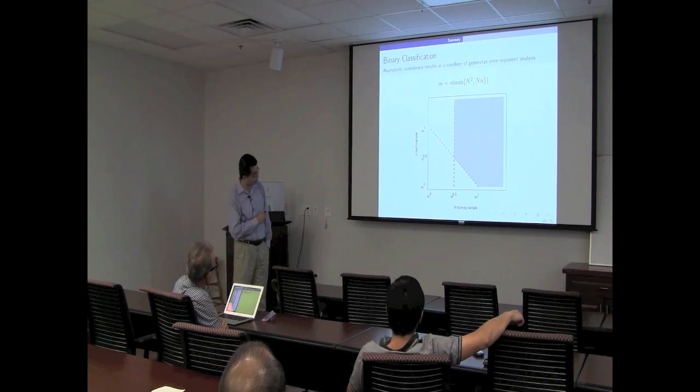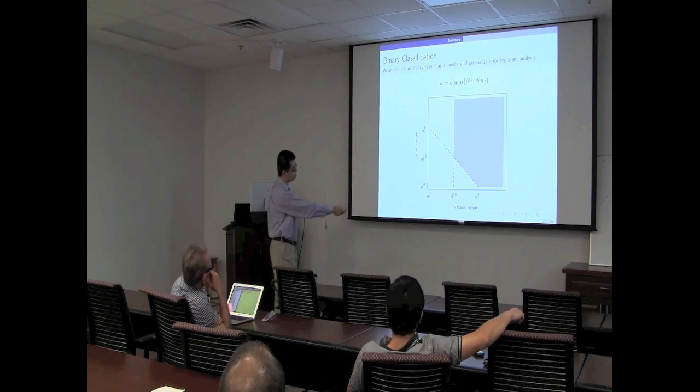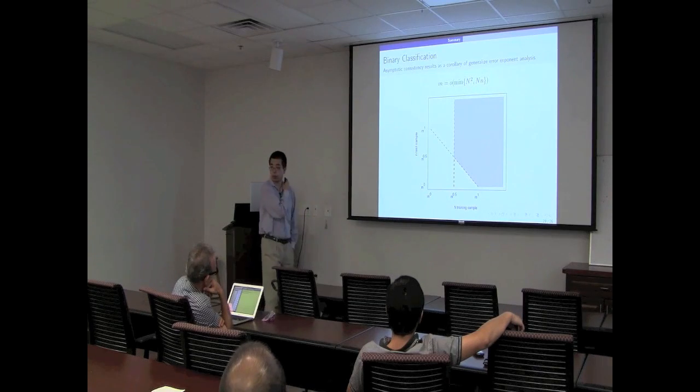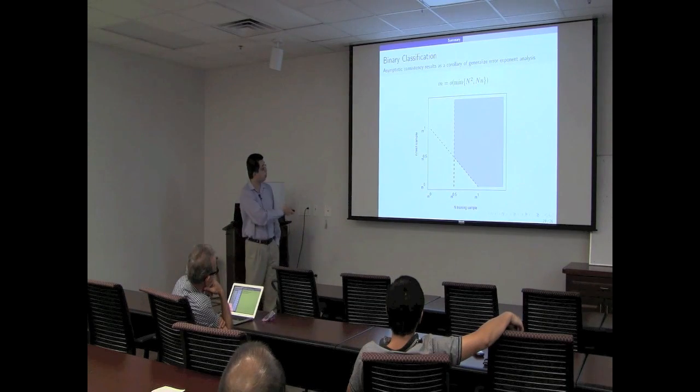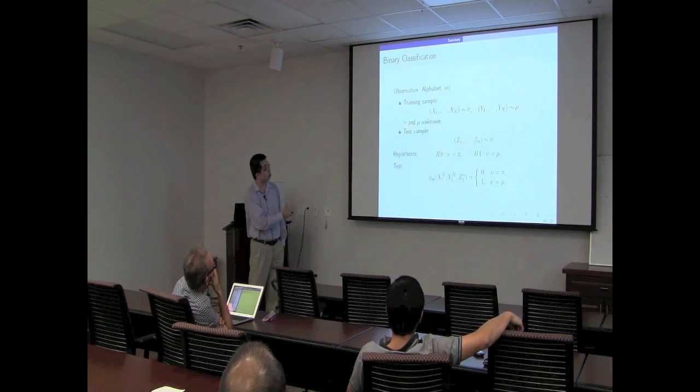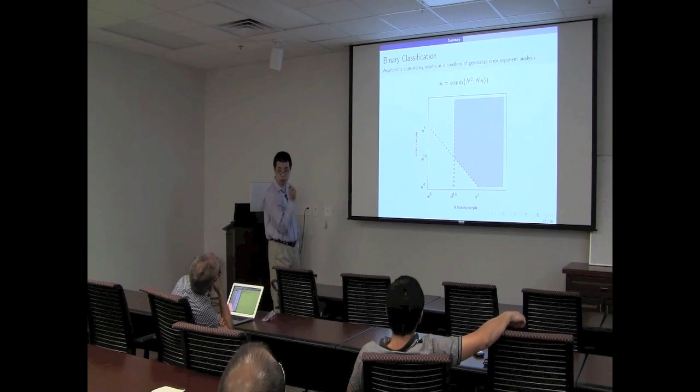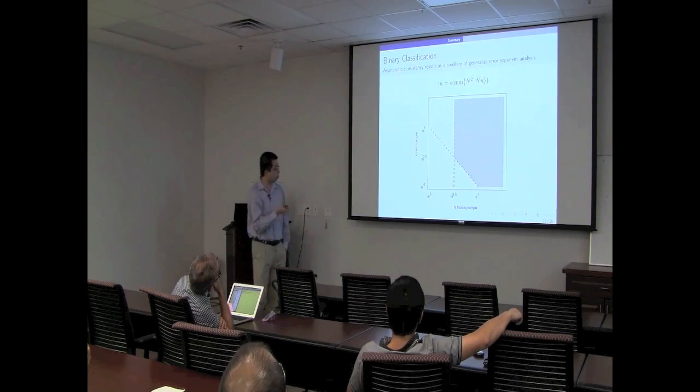What I'm plotting here, on the x-axis, is the number of training samples. On the y-axis, there's the number of test samples. Remember, we have training here and test here. The question we want to answer is, in what regime is the test asymptotically consistent? If you apply the general exponent tool, you can get two curves.